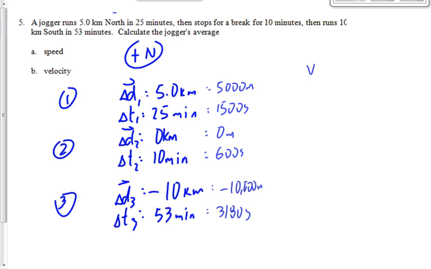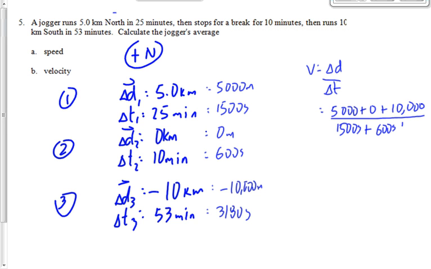We want to find the average speed. That's distance over time. The distance that we travel here is 5,000 plus 0 plus 10,000. Notice we haven't put in the negative for the 10,000 because distance is a scalar. The time here is 1,500 seconds plus 600 seconds plus 3,180.